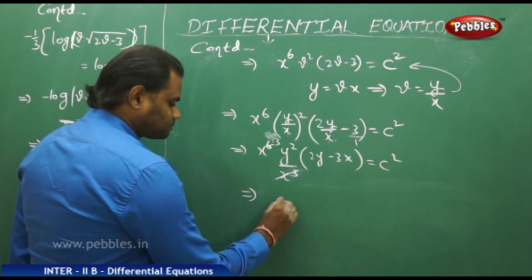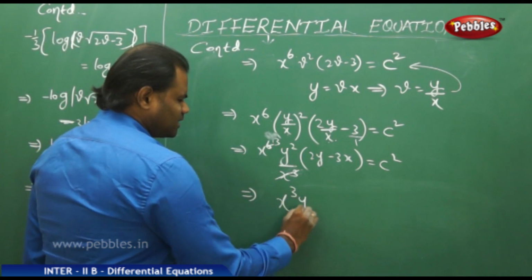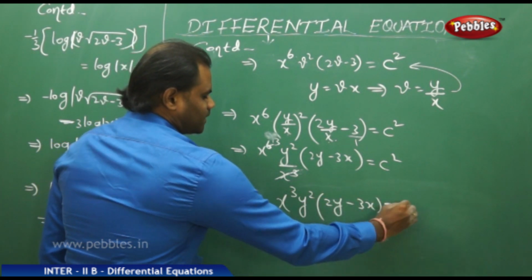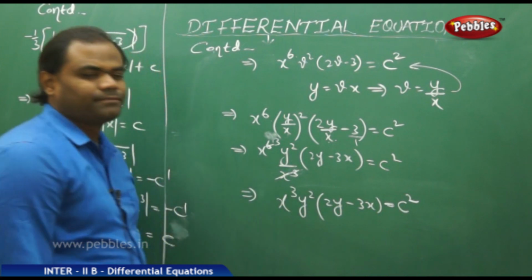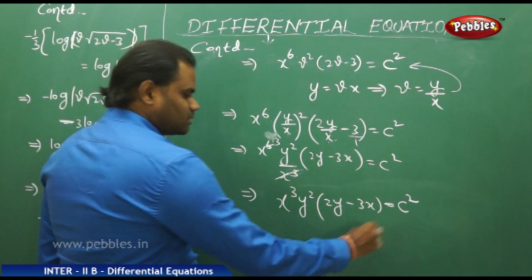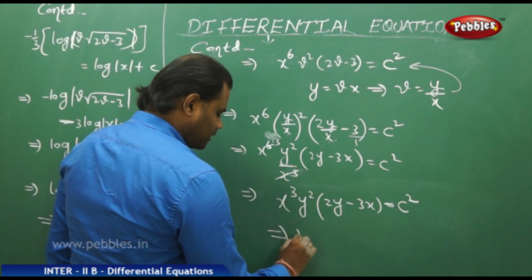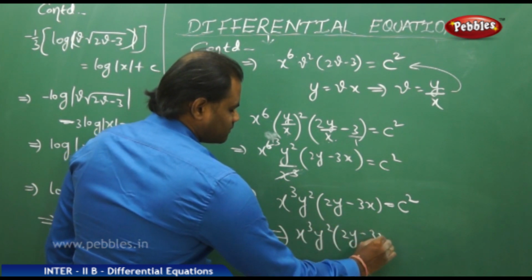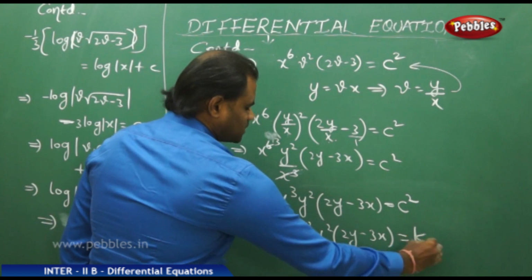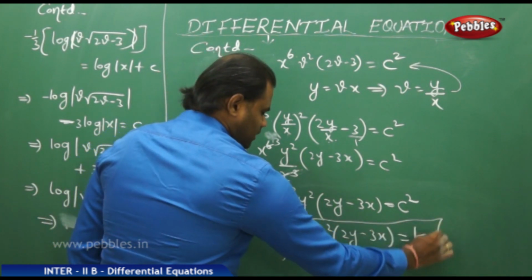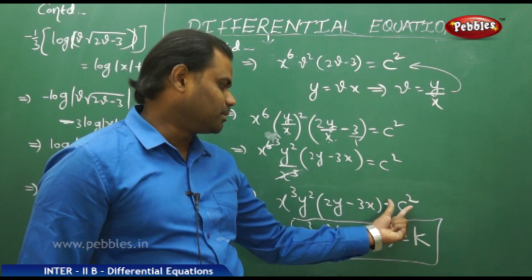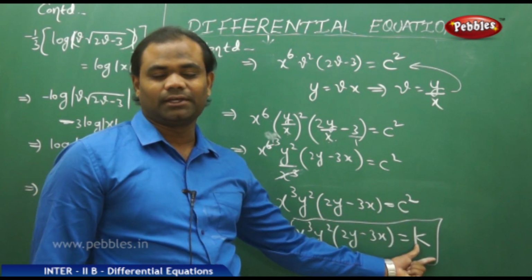Therefore we get the final answer as x cube y square 2y minus 3x equals c square. Or this can be adjusted as some constant k, that is x cube y squared 2y minus 3 is equal to some k, because the arbitrary constant can be replaced for any k in general.